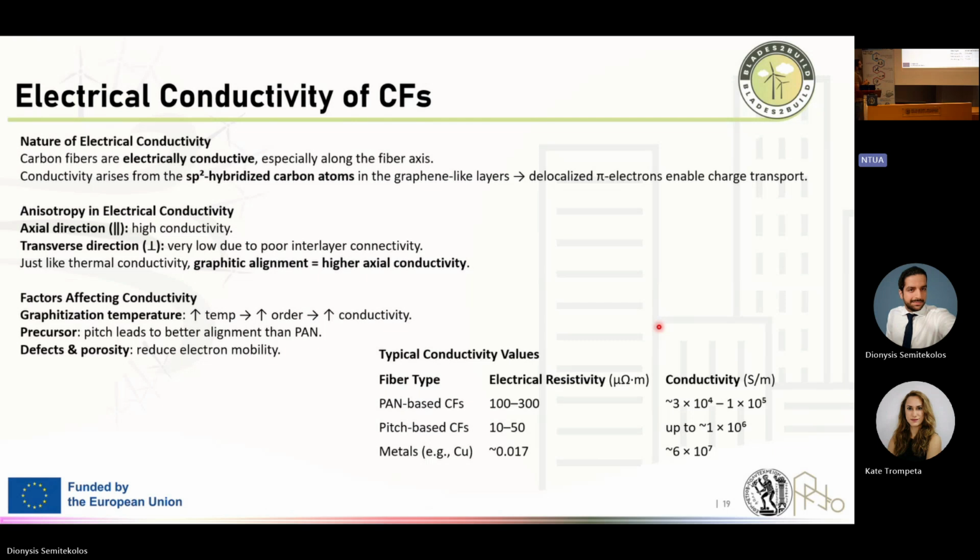So this electron can move along the planes. This gives us a high conductivity material in the axial direction, while in the transverse direction, where we don't have any free electrons, we only have van der Waals bonds keeping these planes together, we will have very poor conductivity.